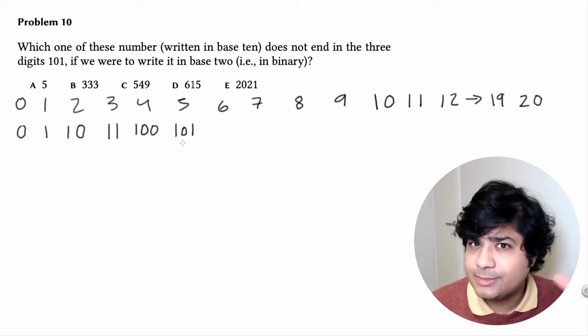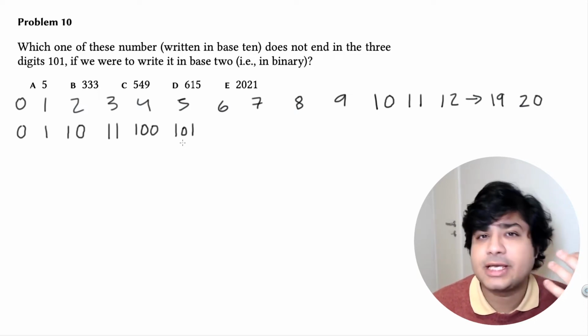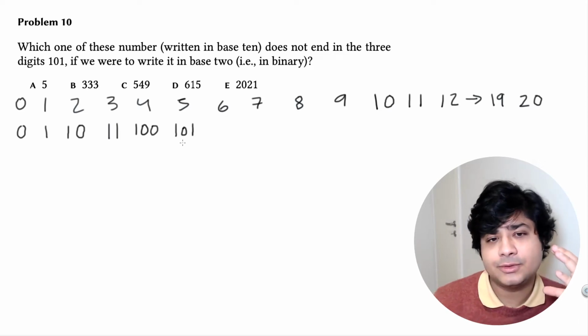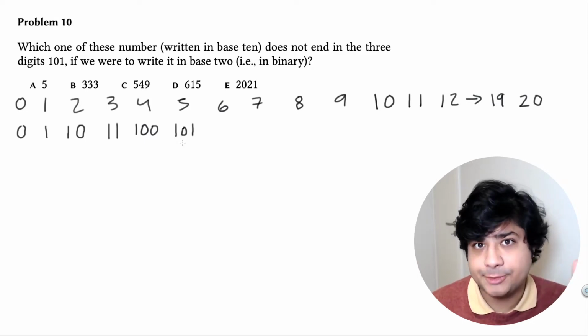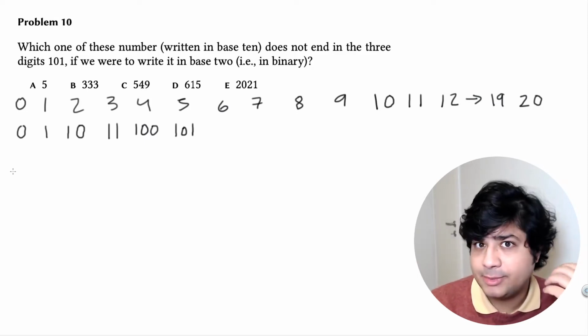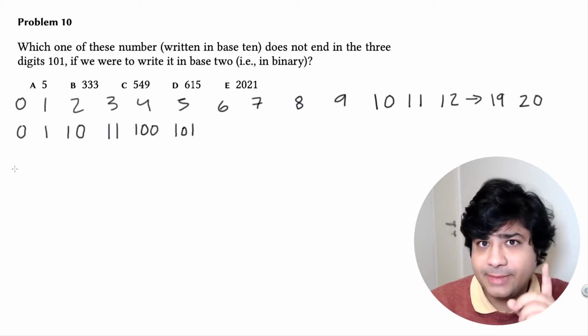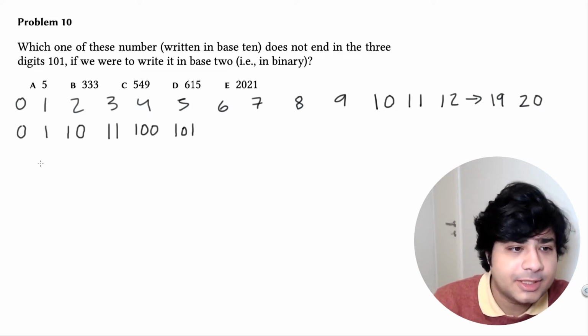Let's try to go a little bit deeper and really try to understand what's happening here, and how you build binary numbers. So let me just write down a little table that will make sense in just a little bit. I'm going to do 2 to the power of 6 here.